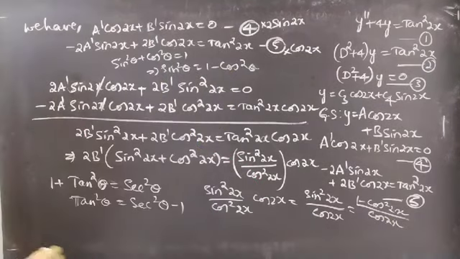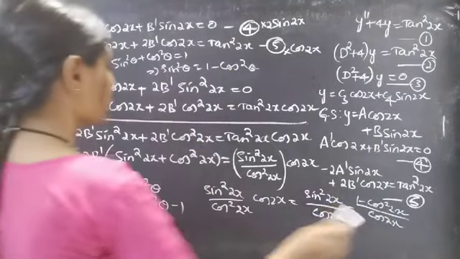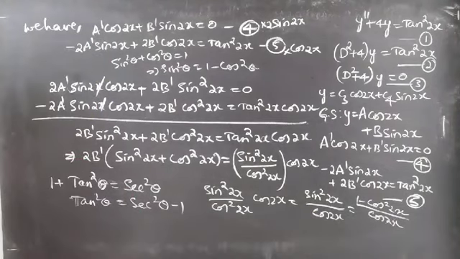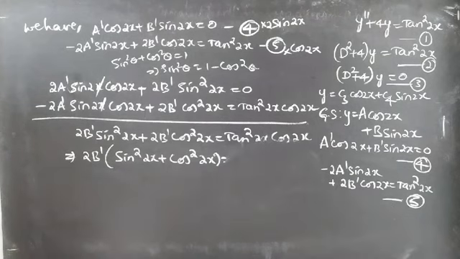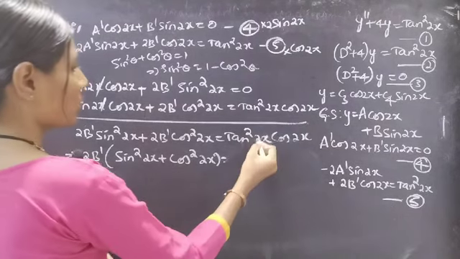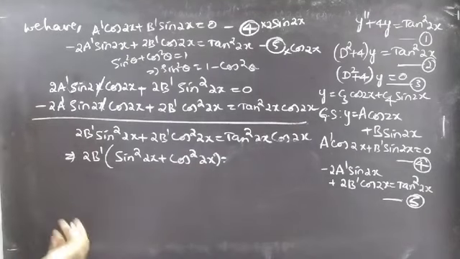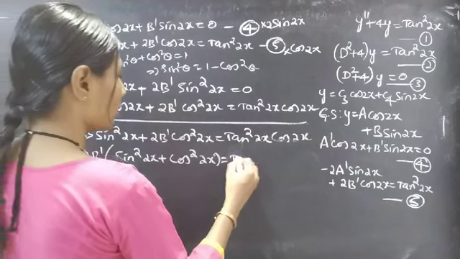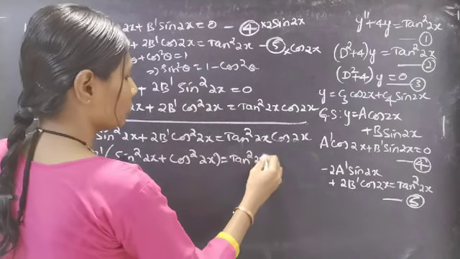From this we'll get 1 by cos 2x minus cos 2x. Okay, we'll get the same thing. You can use any of these two here. Instead of replacing tan square 2x with secant square 2x minus 1 or sin square 2x by cos square 2x, let's write as it is. Okay, we'll see this later.